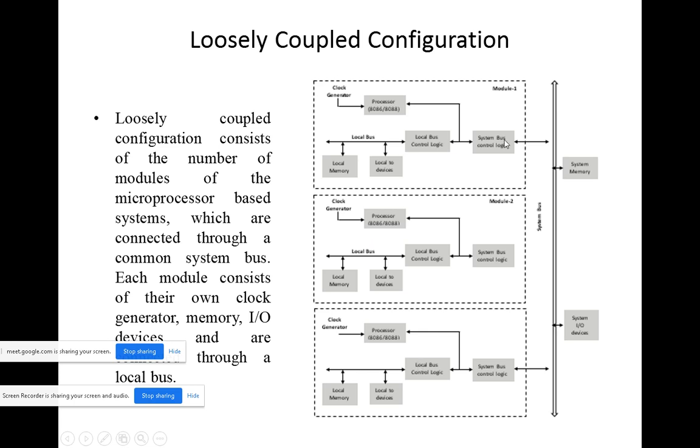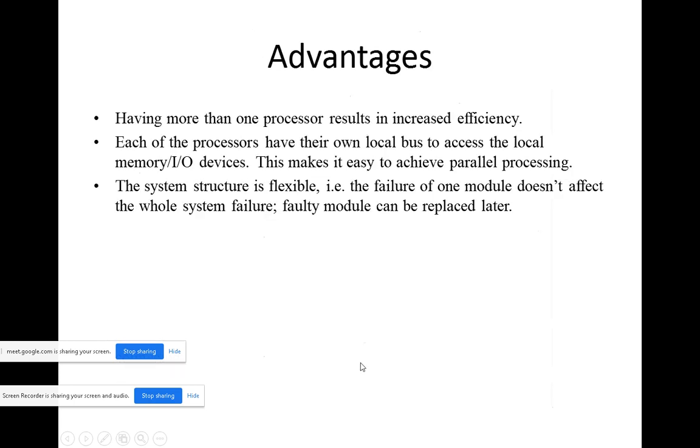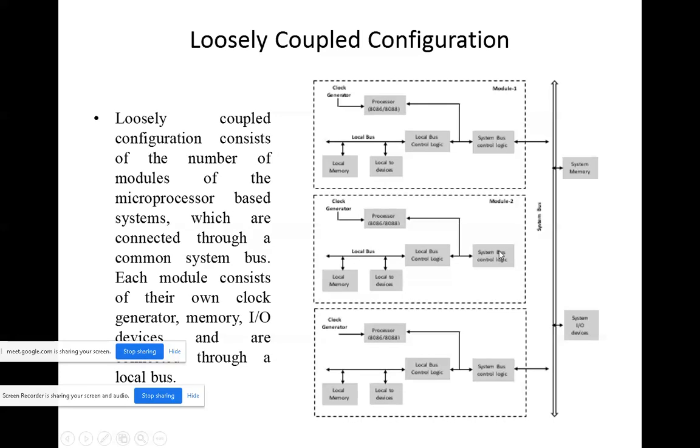Okay, so இது எல்லாத்தையும் integrate பண்ணி தான் you will be connecting to the system memory, system input output devices. Okay, so the entire module will be called as a system. The entire system will be connected further to the system memory, system input output devices commonly.